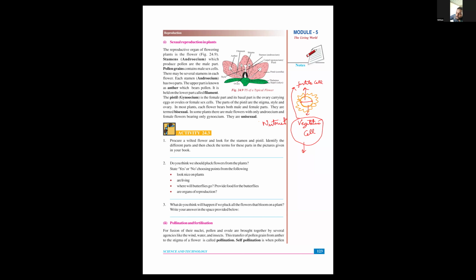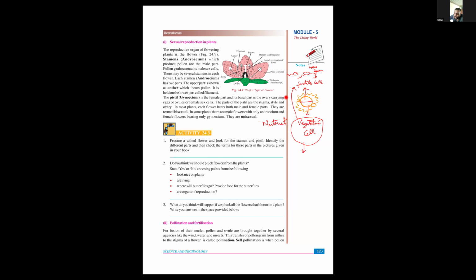The fertile cell has two male sperm, and the vegetative cell is basically the food or nutrition given to the male sperm. Yes or no?